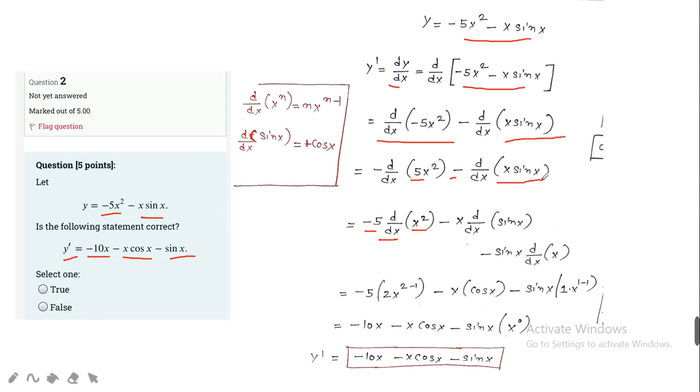x sin x is a combination of two functions, suppose u and v, and both of these are in the form of multiplication. So from the properties of differentiation, we know that if there are two functions that are in multiplication, then first we will differentiate the second function and keep the first function as a constant, and then in the second step we will keep the second function as a constant and we will differentiate the first function.